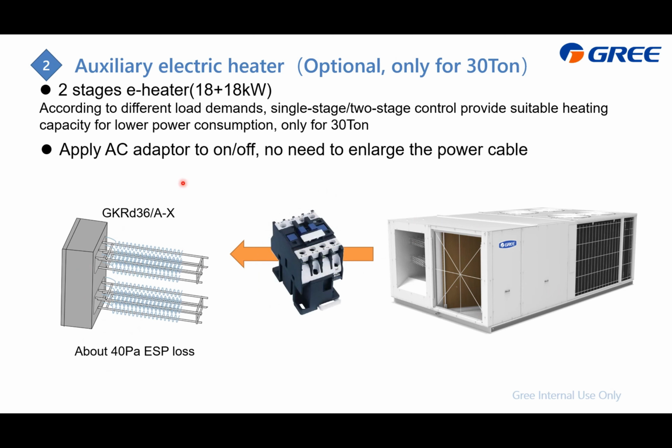There is a special power cable for this e-heater, which means there is no need to enlarge the original power cable. And this one is released to about 40 Pa ESP loss.